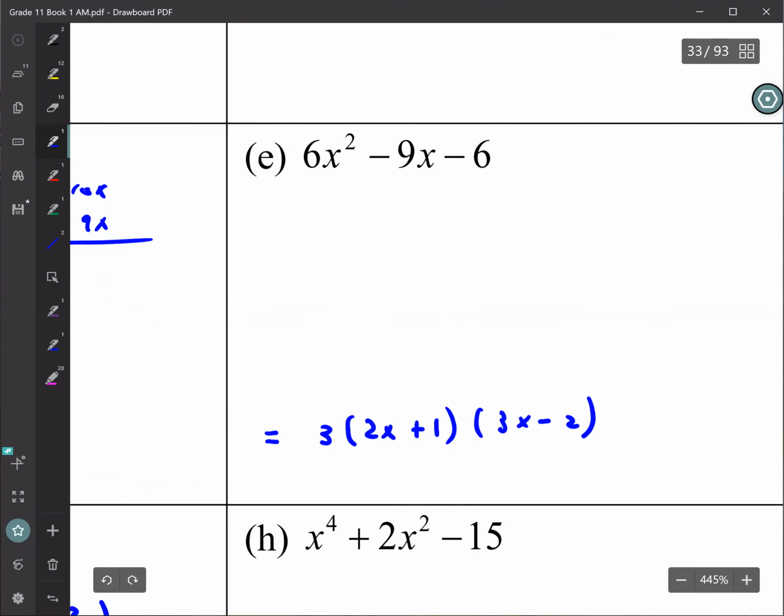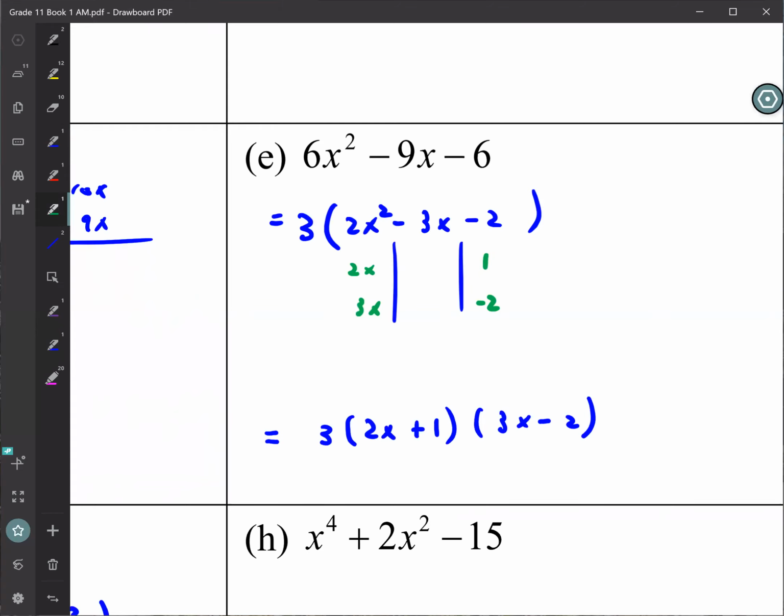So let's check. Looks like you got the GCF first, right? So 3 comes out, left with 2x squared minus 3x minus 2. And then you use 2x and x, right? And 1 and -2. Okay, so let's see.